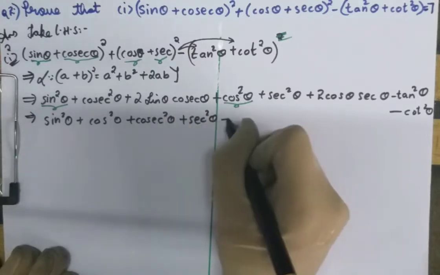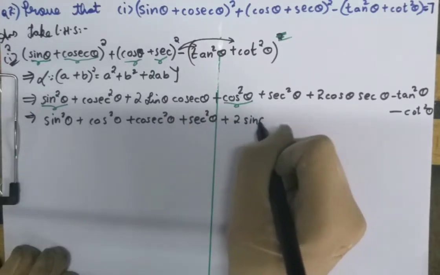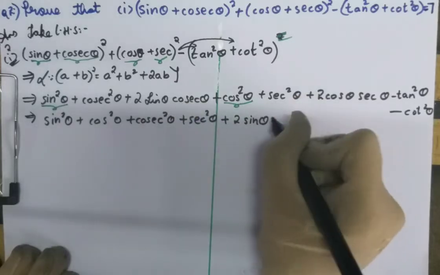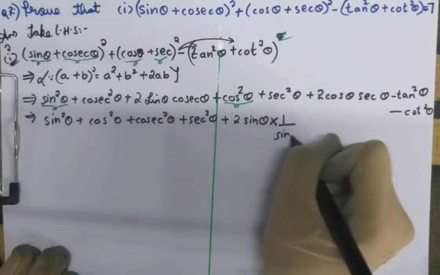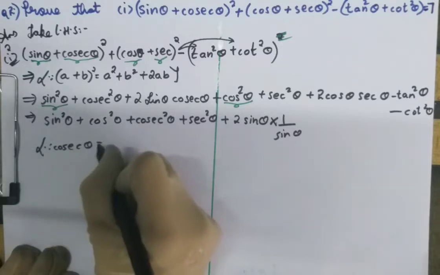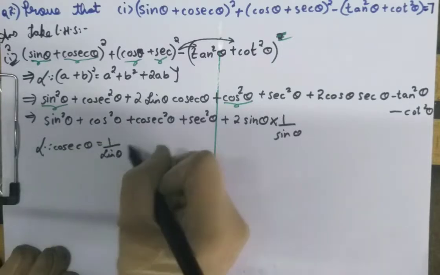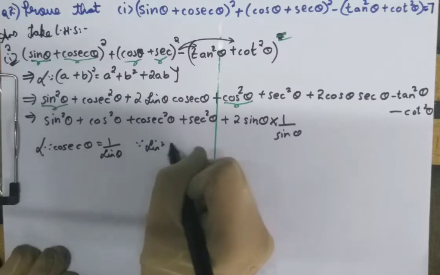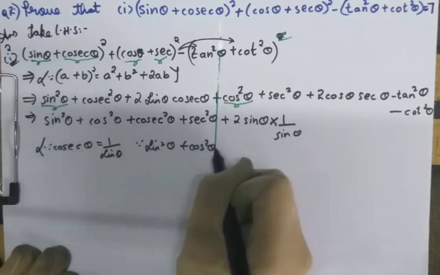Then plus 2 into sin theta. We know cosec theta can be written as 1 by sin theta. One more identity we are using is sin^2 theta + cos^2 theta is 1.